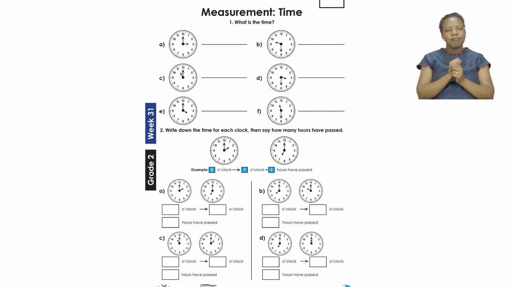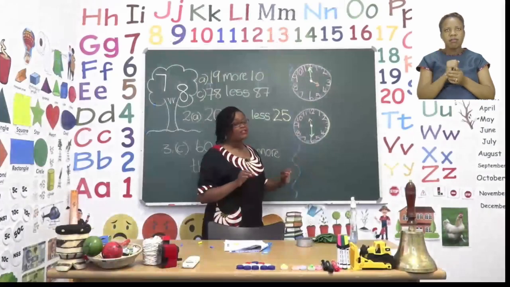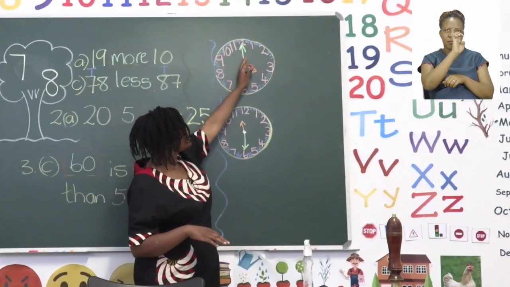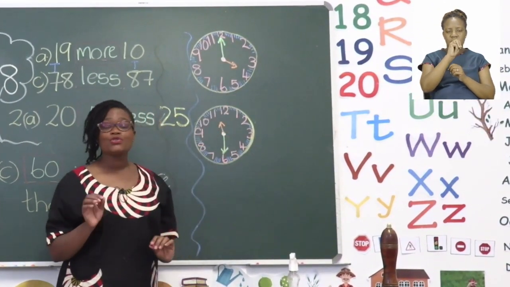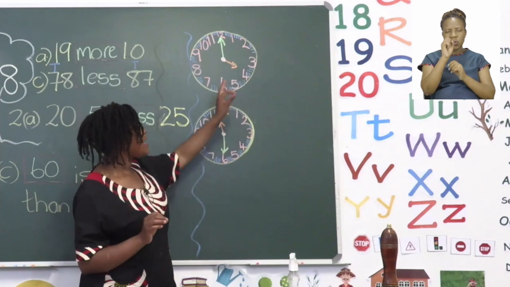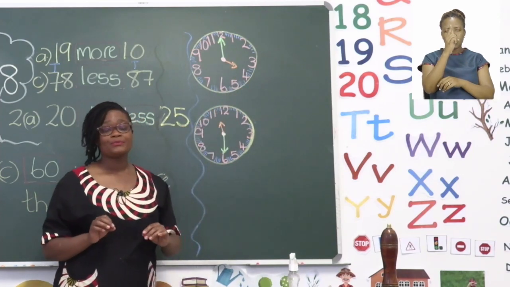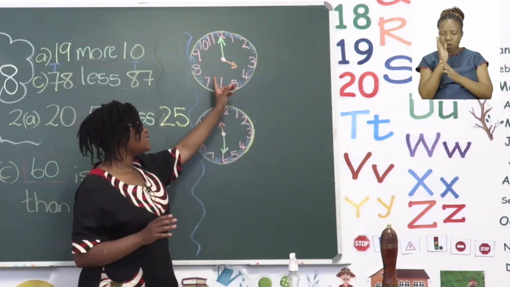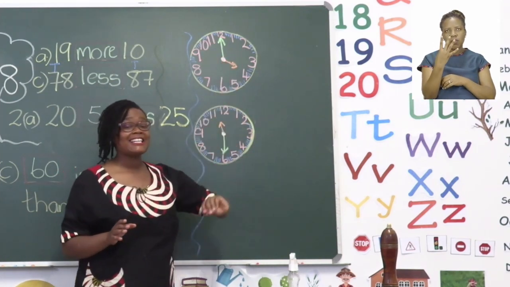Let's do E and F together. Now, I have the letters E and F on the board as well. For the first one, E, the minute hand is pointing directly to 12, and the hour hand is pointing at 4. So that means it is o'clock. When the minute hand points to 12, it is o'clock.